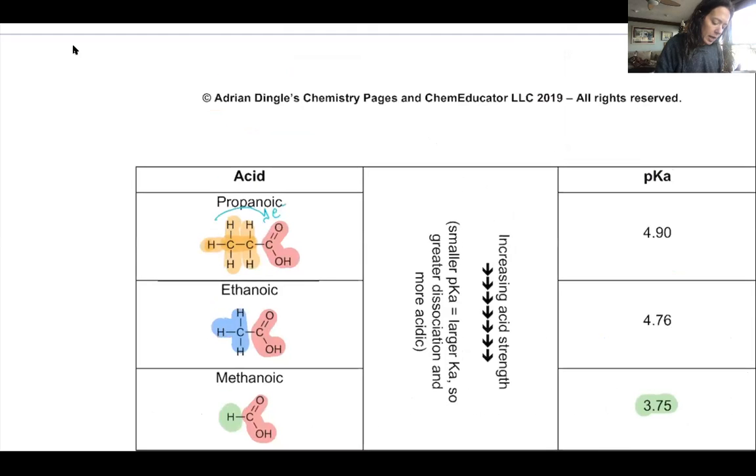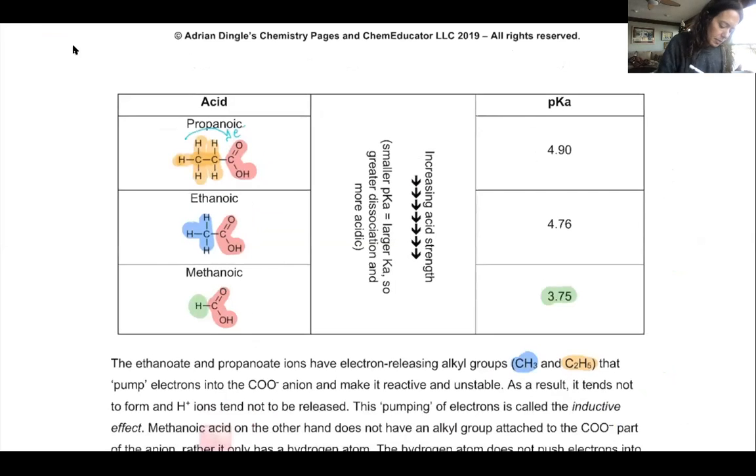And what we see is that as the rest of the molecule gains C's and H's, it becomes a weaker acid.